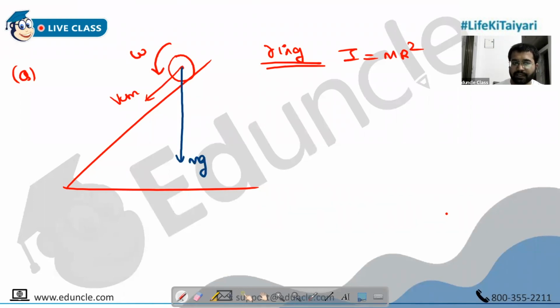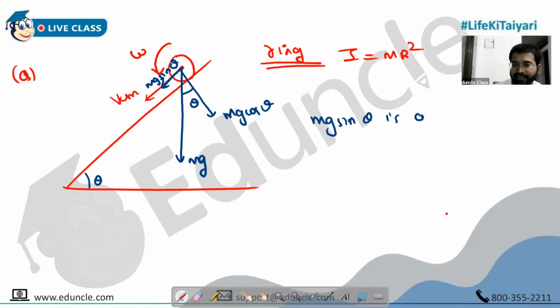Mg has two components, horizontal and vertical. We know this is theta. This also becomes theta. This becomes mg cos theta, and this becomes mg sin theta. Mg sin theta is a force which is acting in the direction of VCM.